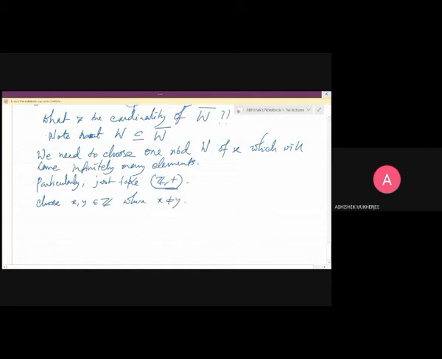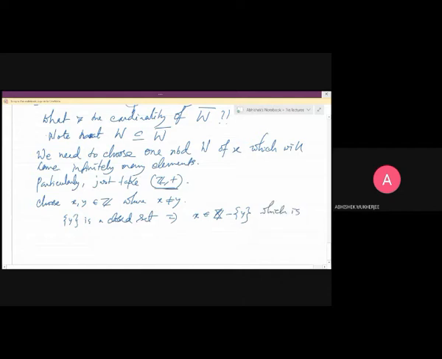Then singleton Y is a closed set, right? And this implies X belongs to capital Z minus singleton Y, which is an open set.